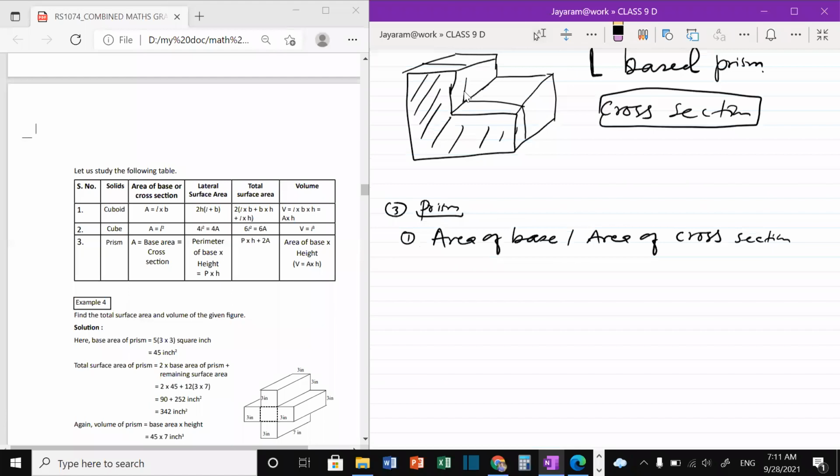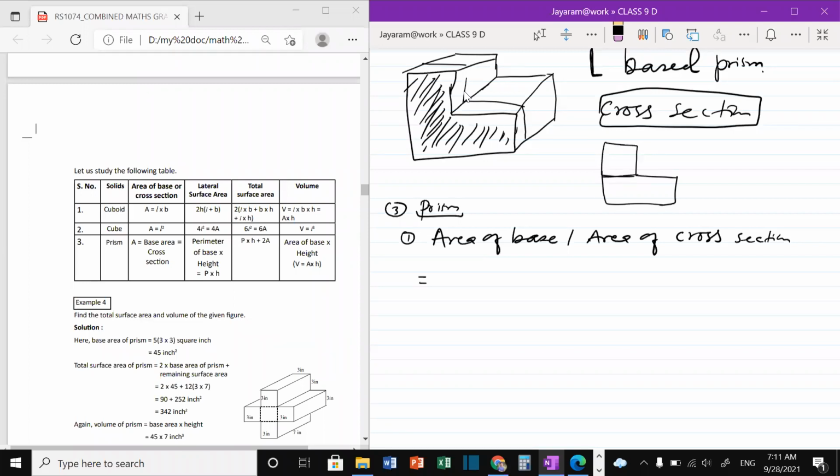This means area of this front part. Now this will be found by making some rectangles. As I already told you, first of all, draw the cross section and make a construction here, make a rectangle here.